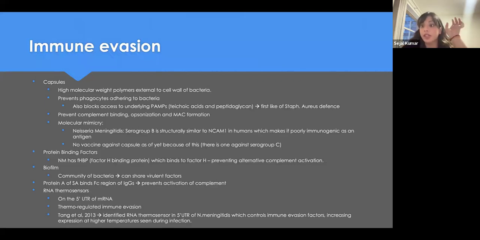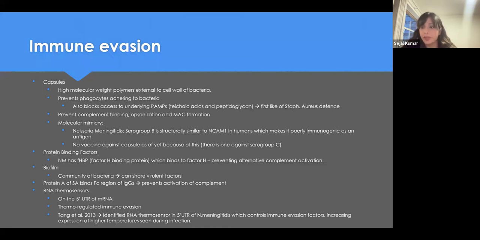They also block underlying access to PAMPs, which could trigger pattern recognition receptors, leading to phagocytes arriving and an immune system response. And this is basically the first line of Staph aureus defense.